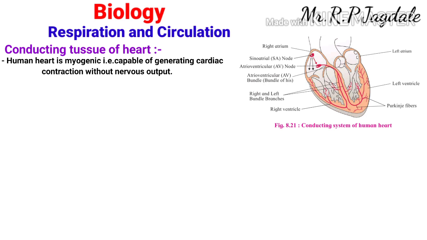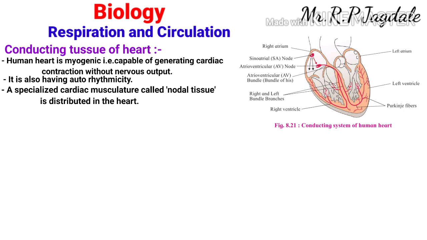It can generate cardiac contraction without any nervous input, and it also has autorhythmicity. So why is it called myogenic? Because it self-generates cardiac contraction and has self-rhythmicity. Okay, then a specialized cardiac musculature called nodal tissue is distributed in the heart.